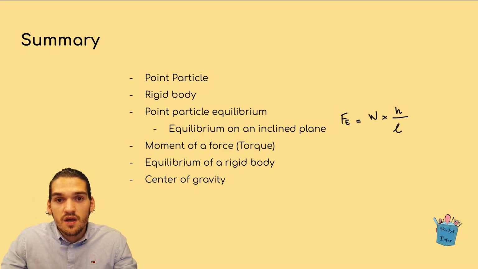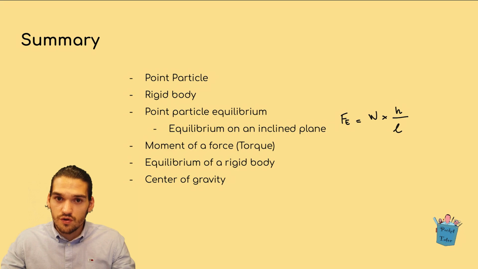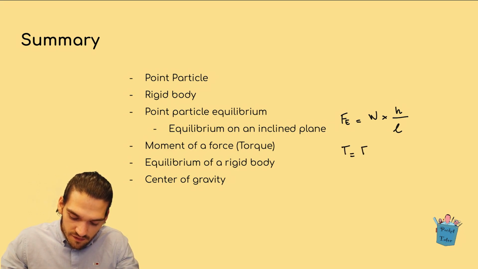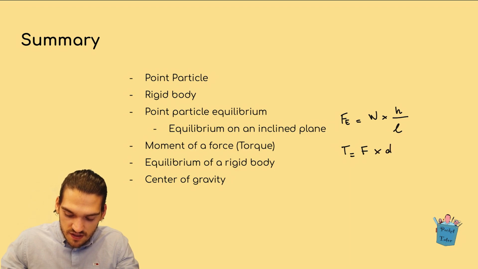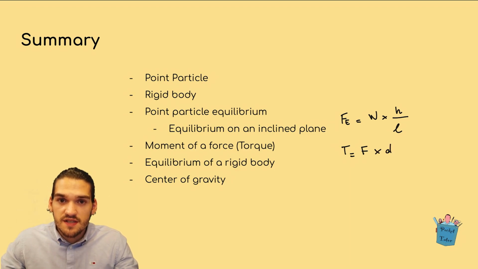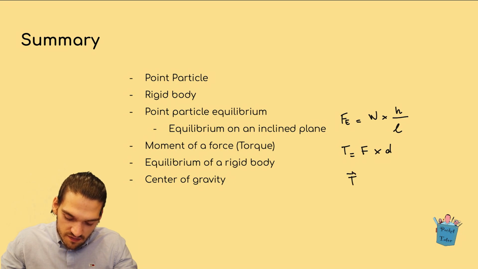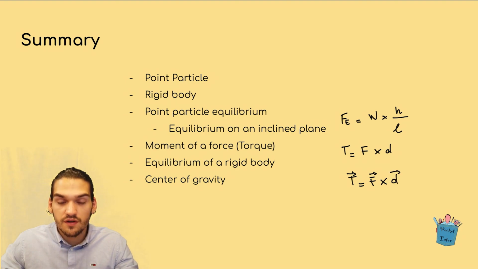We've then seen what is the moment of a force, also called a torque, that is given by T equal force times the distance. I forgot to mention that the distance of the force with respect to any point is also called arm of a force, and the torque in 3 dimensions is given by the vector T, given by the cross product between the force and the distance vector.